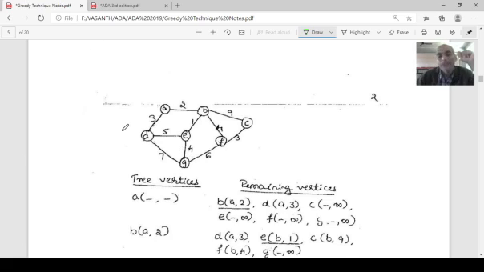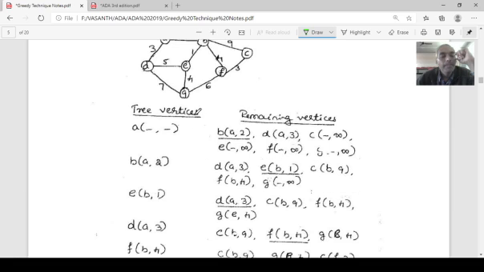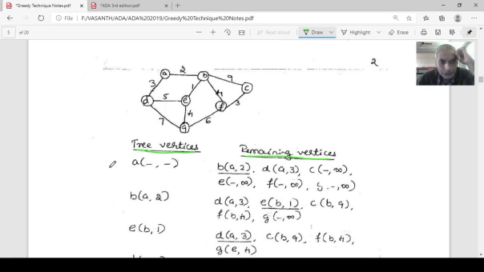So now we start working with Prim's algorithm. Before you start, we are going to mark 2 columns here. The first is called the tree vertices and the other is called the remaining vertices. Now we start with the tree vertices. Let us assume that you are going to start with the vertex A. So this is your starting vertex.